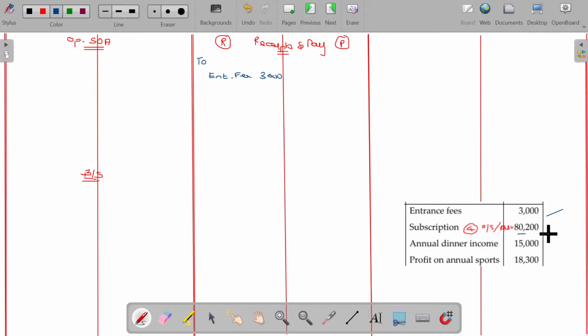But in case of subscription, we have been given 4 adjustments, so I prepared a separate working note here. Related to subscription: first, subscription received, add outstanding of the current year, less advance of the current year, less outstanding of the previous year, add advance of the previous year.